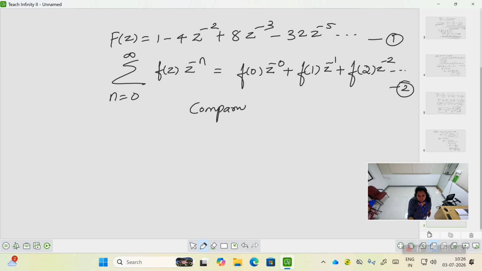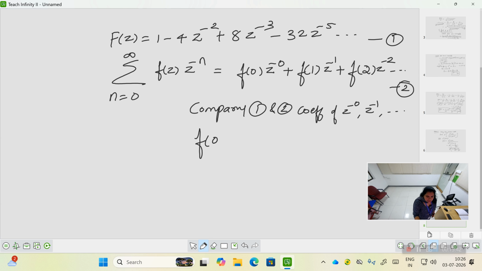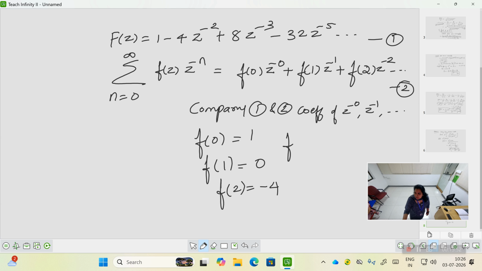Comparing 1 and 2, coefficients of z power minus 0, z power minus 1, etc. What do you get? f of 0 is 1, f of 1, no term, is it? 0, f of 2 is minus 4, f of 3, yeah, 8, f of 4, no term, f of 5 is what?